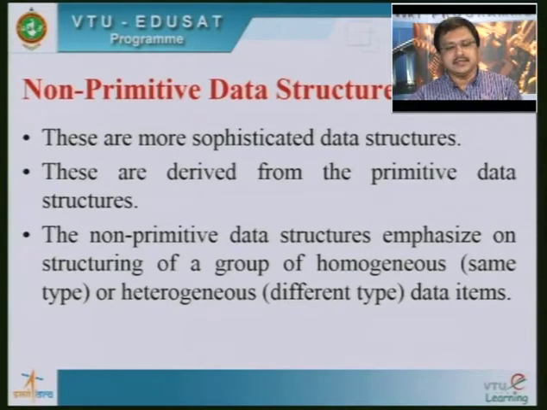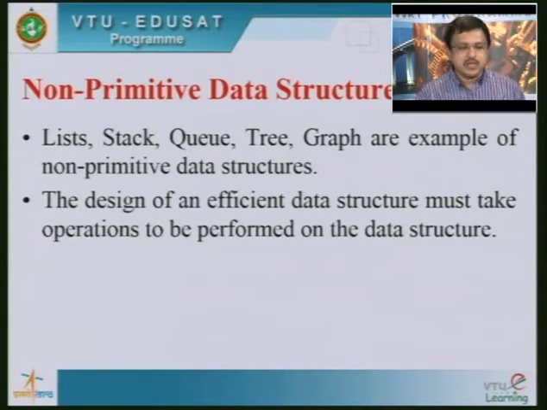In most cases it will be homogeneous in type, but that does not mean it will always be homogeneous. It can accommodate heterogeneous data items as well. But for most of this session, we will look only at homogeneous data structures. Some of the non-primitive data structures are lists, queues, stacks, trees, graphs.